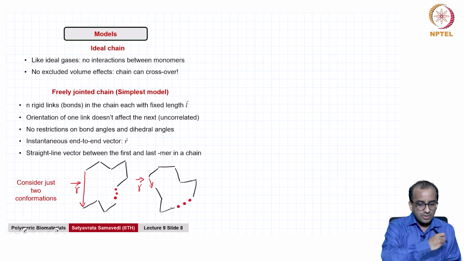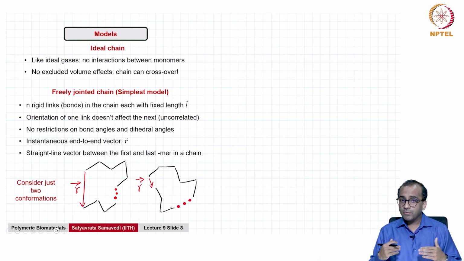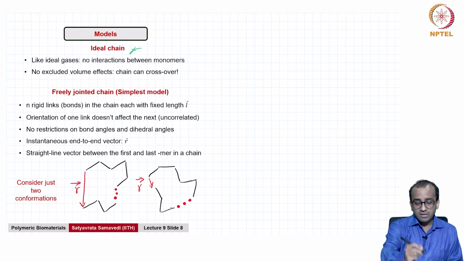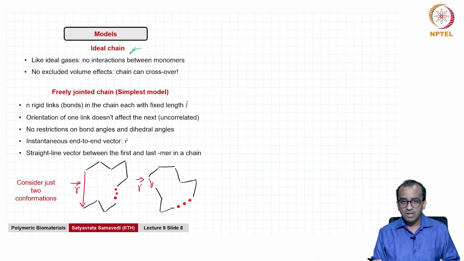Now, we first want to ask, how do we understand in terms of sizes, how do we want to understand conformations of the random coil itself and the overall chain. For us to look at this in more detail, we have to first define what you will call an ideal chain, based on which we will develop models to understand what we can think of as an average size of this chain.